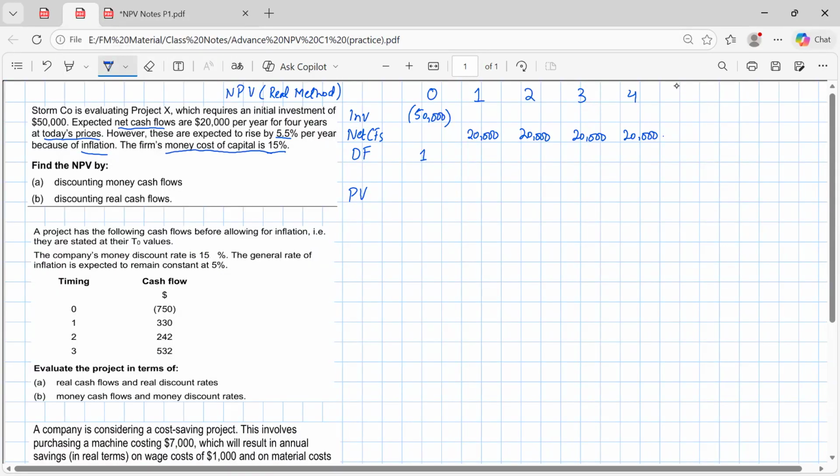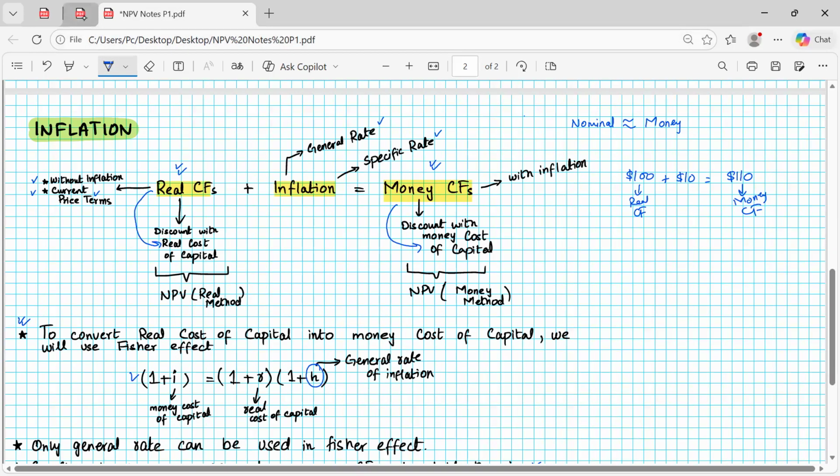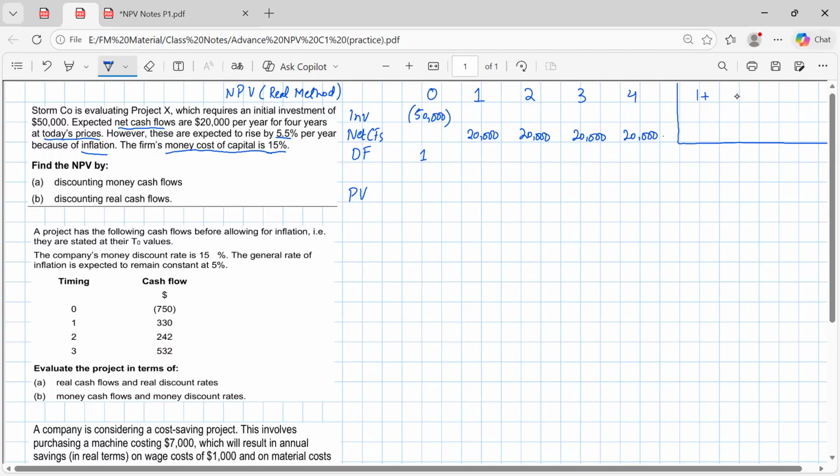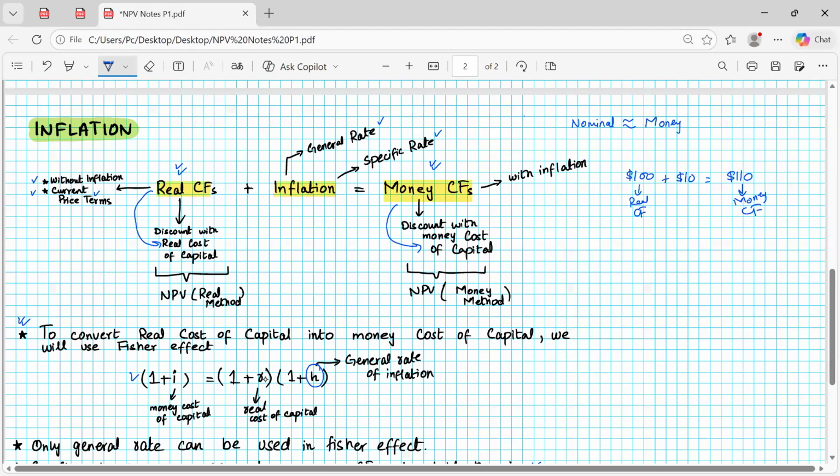I'm going to do it here separately. 1 plus i, where i means the money cost of capital, which is 15% in this case, so 0.15. Now you need to calculate r, the real cost of capital.